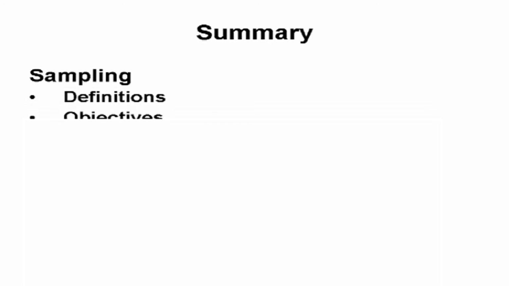Okay students, in this class we have been discussing sampling, which is an important topic in social research. In the beginning, I explained to you what we understand by sampling. I gave you one or two definitions, and after that I explained to you the objectives of sampling.